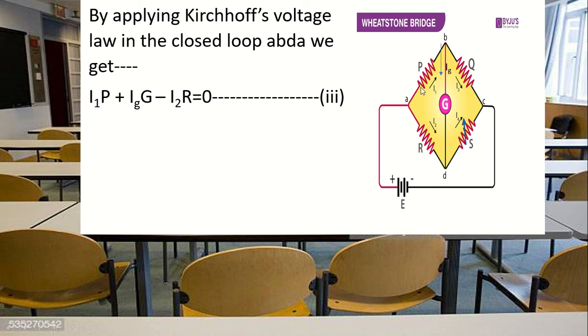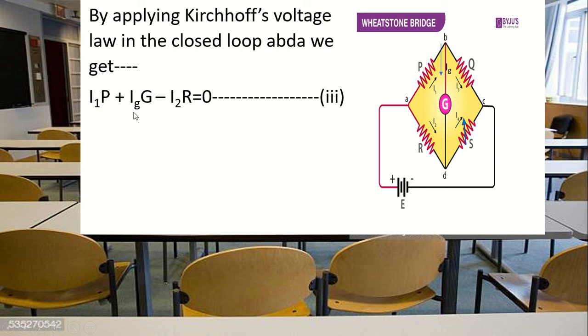The potential difference across P, the resistor, will be what? You know, V equal to IR. So here it will be I1P, and I1 is in which direction? We are also measuring the potential difference in that direction, so it will be positive. Then when we move in this way, the direction of IG and our direction is the same, so it will also be positive.